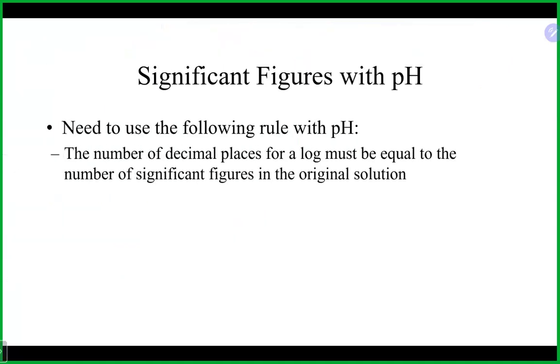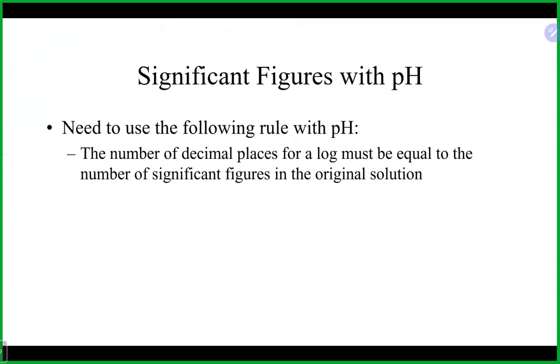So let's talk about pH and sig figs and how far we should take our pH readings. When you calculate the pH of a solution, the number of decimal places you should take your pH value to is equal to the number of significant figures in the concentration.